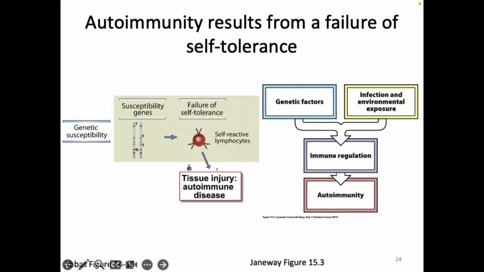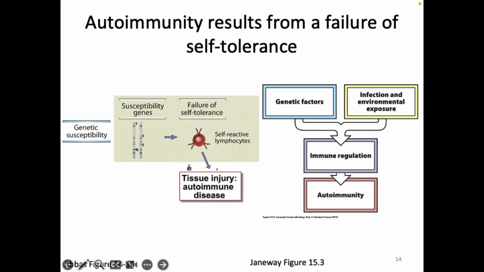But what I hope you notice here as well is that in both of these images, there's also a role for individual genetics. Everyone who goes through some of these particular environmental exposures does not end up with autoimmunity.